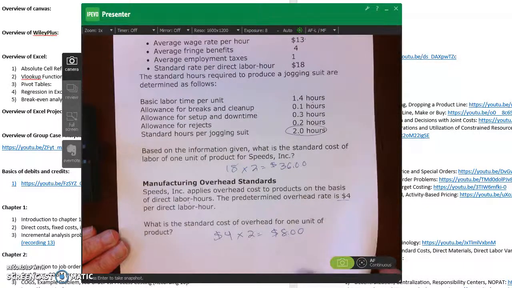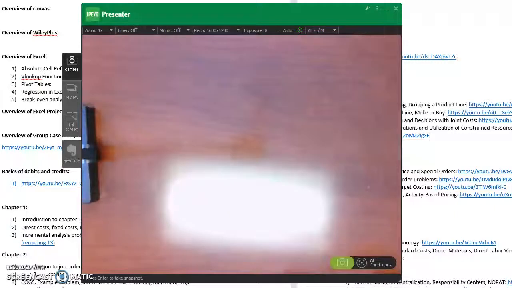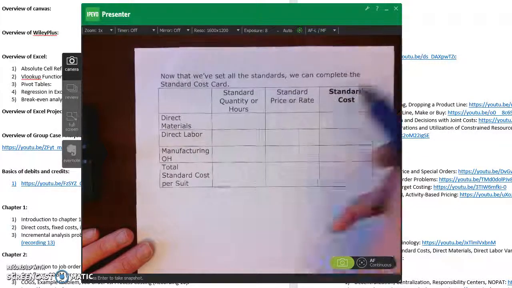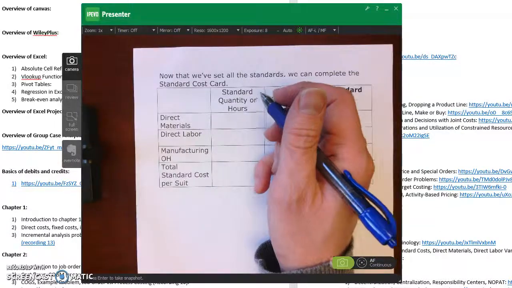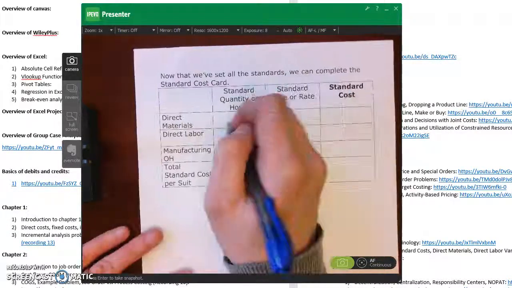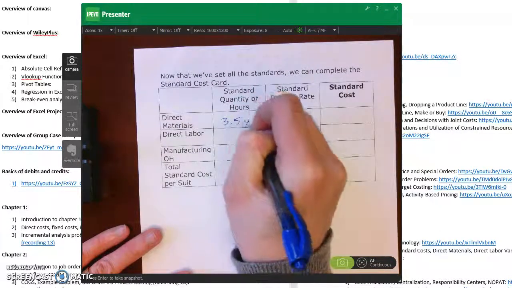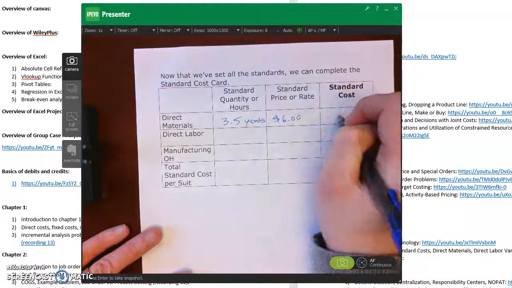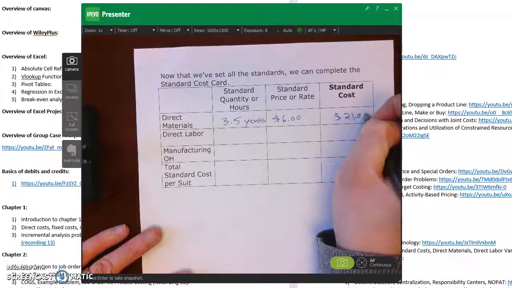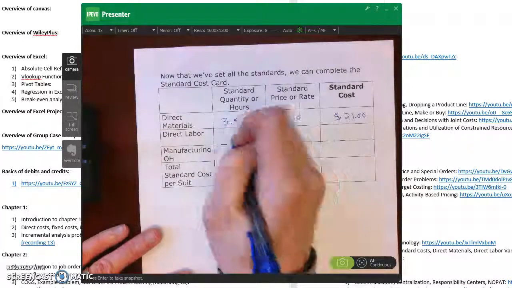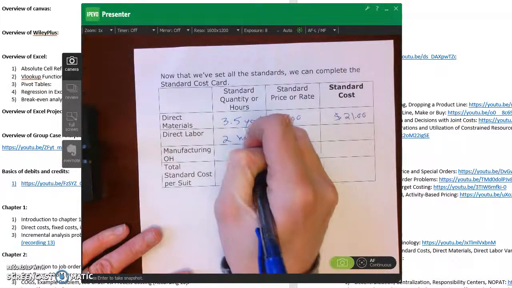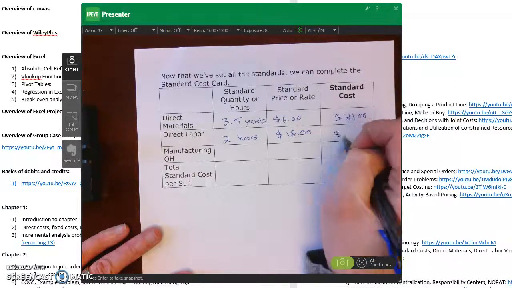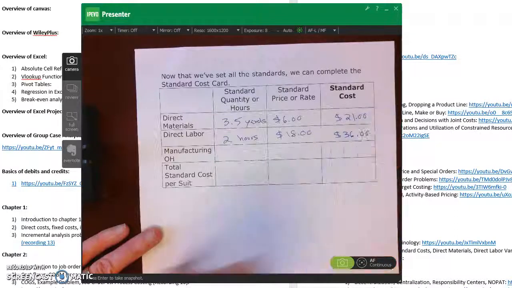Okay? And we can look over here, and we can do our standard cost card. And we can say, for our direct materials, and I'm just going to go fill this in. Remember, we had 3.5 yards, and it was $6 per yard, which means our direct materials cost for one suit is $21. Our direct labor was 2 hours times the $18 per hour, which gives us $36 in terms of direct labor.